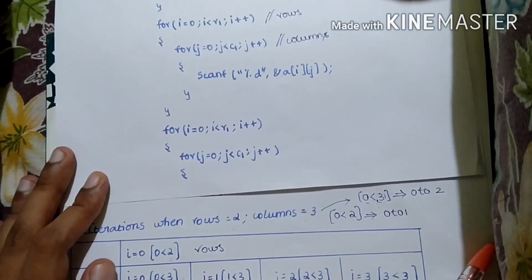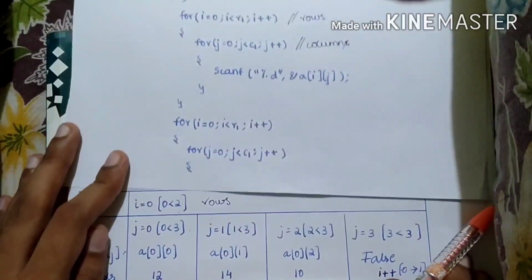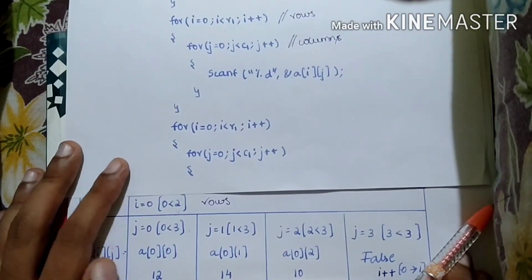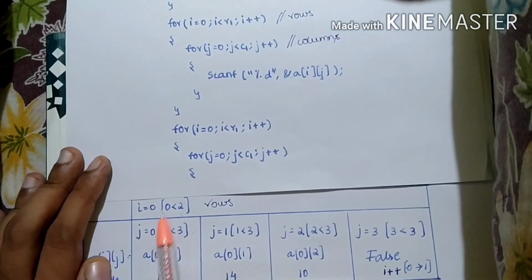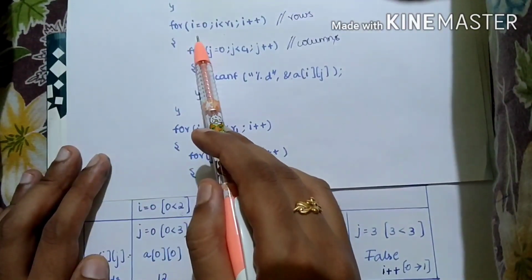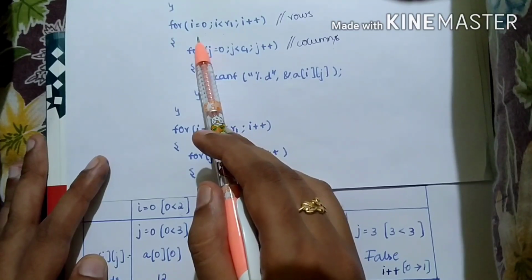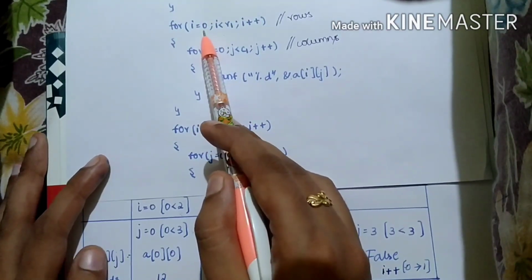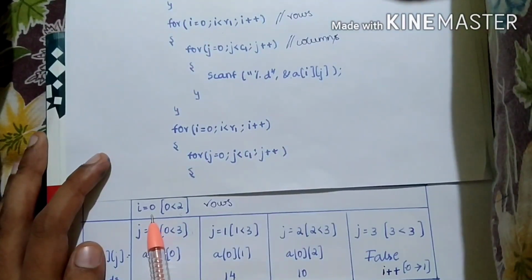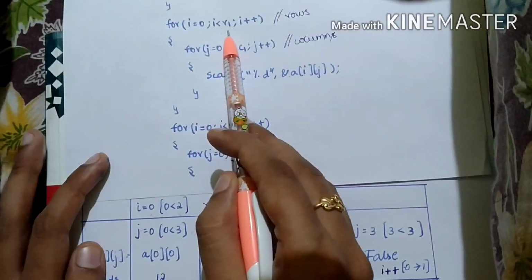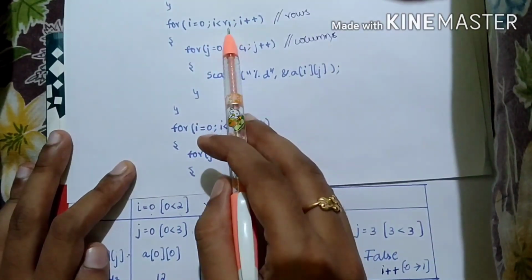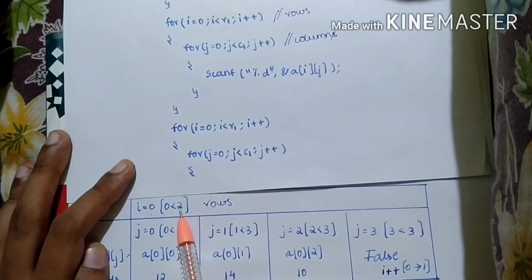Now let's get into iterations. First, it goes with i equals 0. Initial value is 0, and 0 is less than R1. R1 is 2, I have given. So 0 is less than 2.